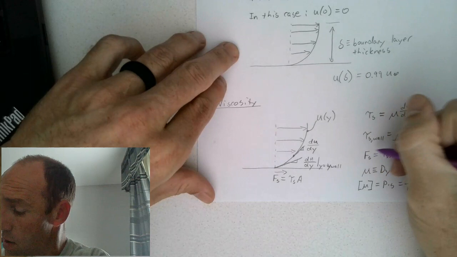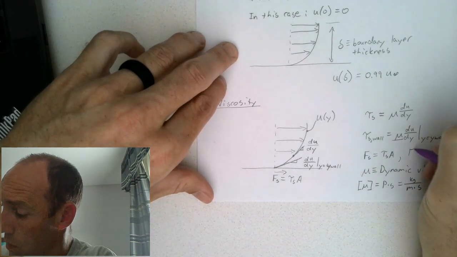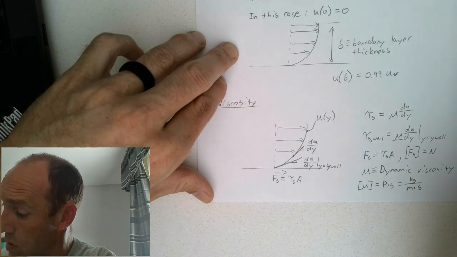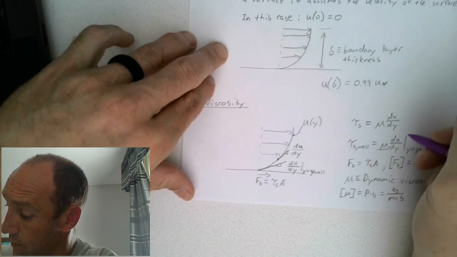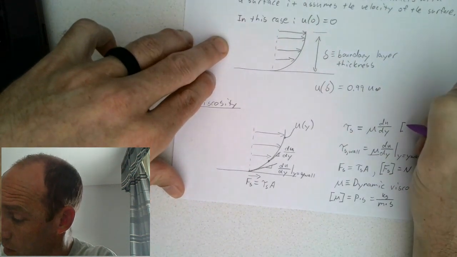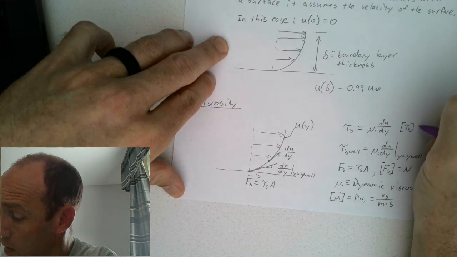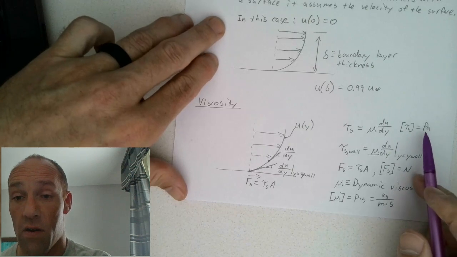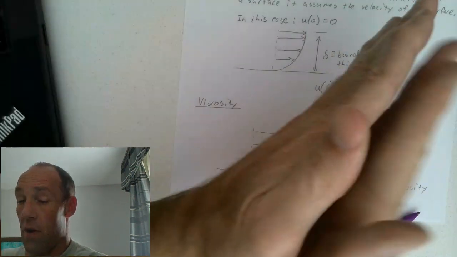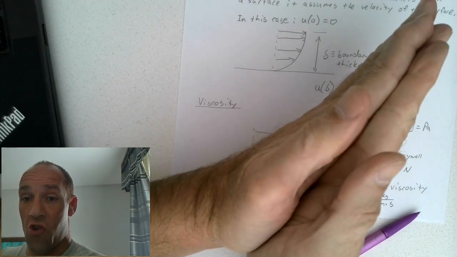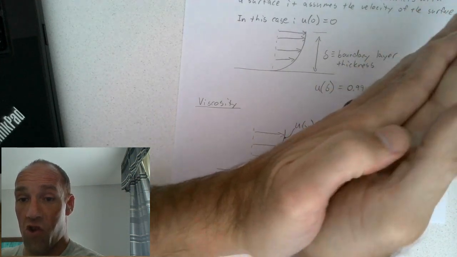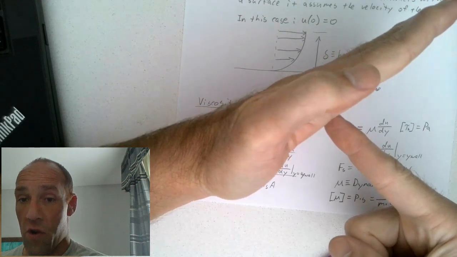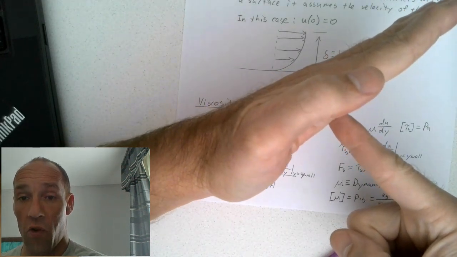The shear force has units of newtons. Shear stress has units of pascals, so it's got the same units as pressure, but it's in what's called a shearing direction. A pressure applies force in a normal direction.